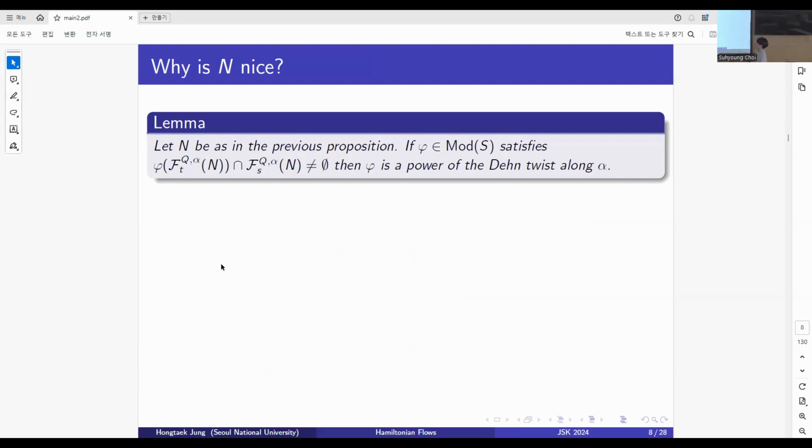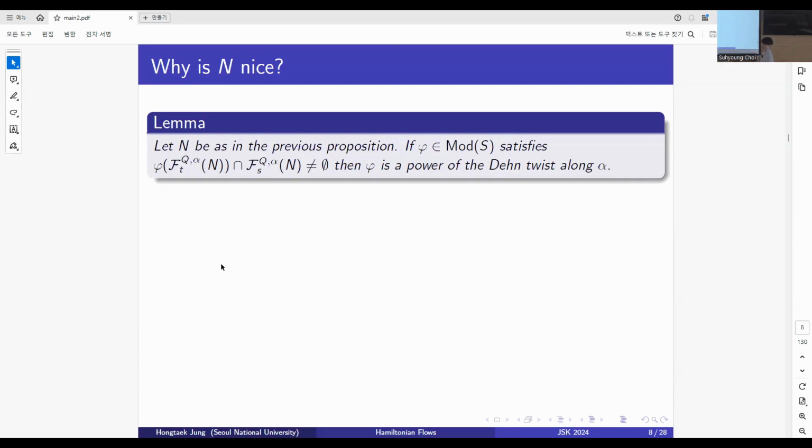Let N be the open set that we constructed in the previous slide. And suppose that there is a mapping class phi that satisfies this condition. Well, this condition is something that we want to avoid. If N is just a random open set, then we don't know anything about our mapping class.